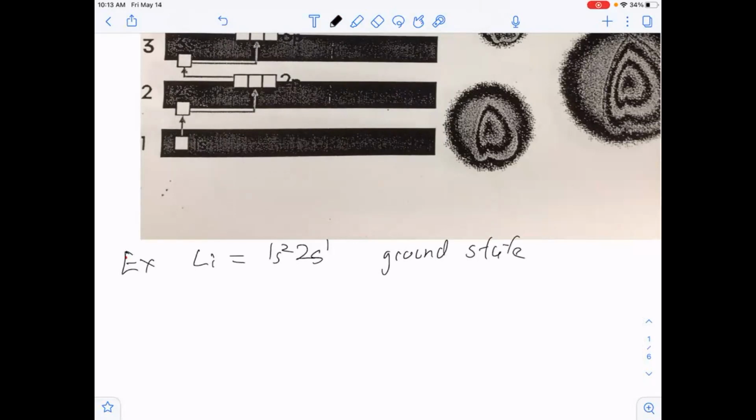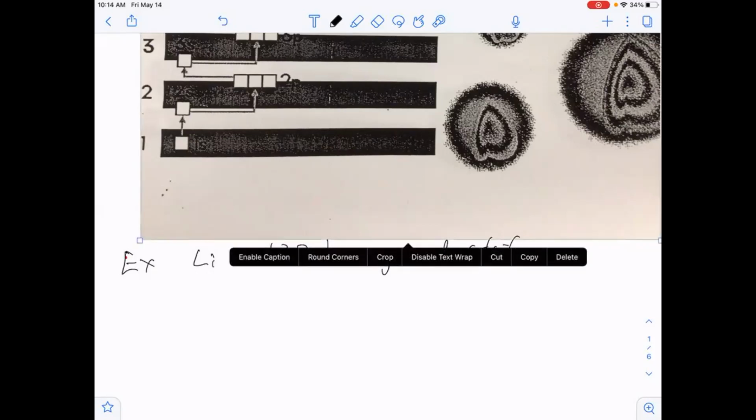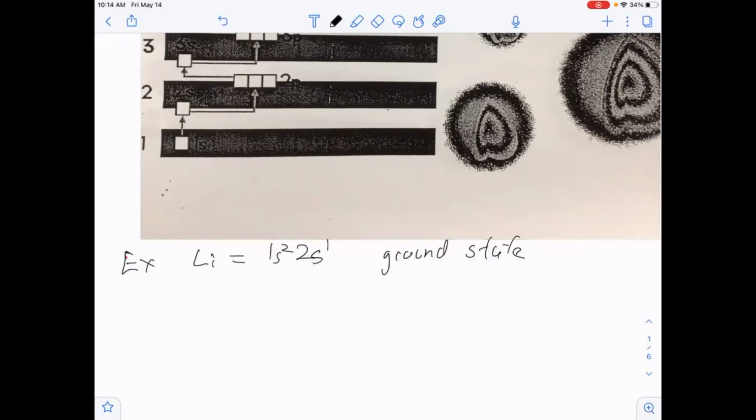There's no place to put this. You just have to put it in your notebook or in Notability, just somewhere. It's ground state, excited state, and impossible state.